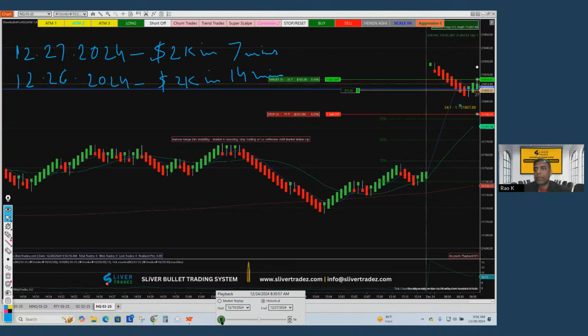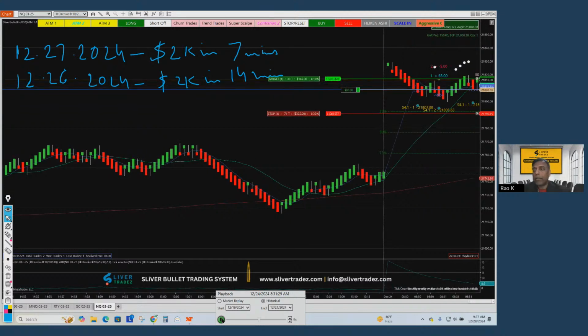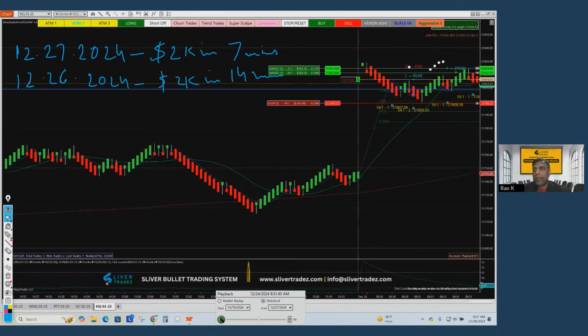Target filled. So this was, I started with the break-even trade. So the first trade was $65. The second trade only $5. I don't know why it happened, but it shouldn't have happened. But whatever, $60, not bad. Order filled.